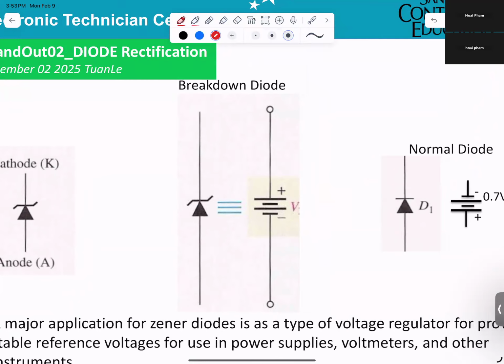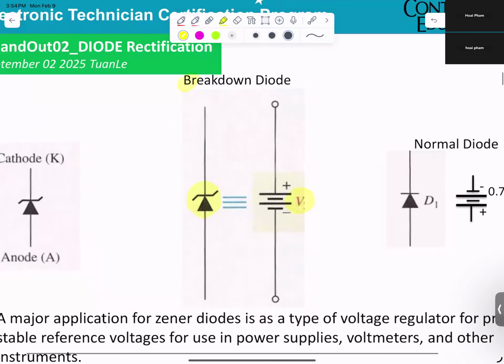Okay, now we go back to the lecture. This is a Zener diode. See the symbol. You know that's a Zener. A Zener diode has a breakdown voltage VZ. And this is a breakdown diode.